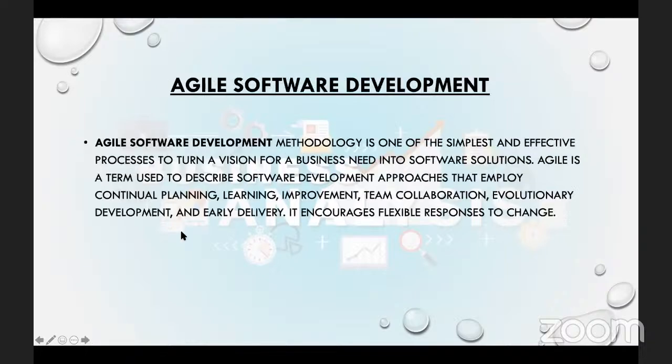Agile software development is one of the simplest and also a very effective processes to turn a vision for a business need into a software solution. Very simple, very effective, and I must say that a lot of organizations are now beginning to transition. There's a lot of agile transformation going on.